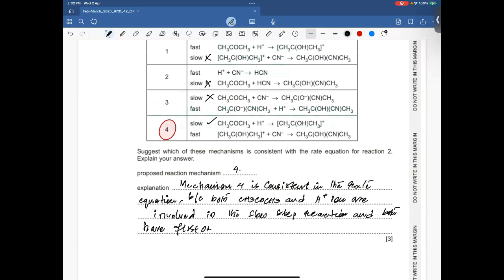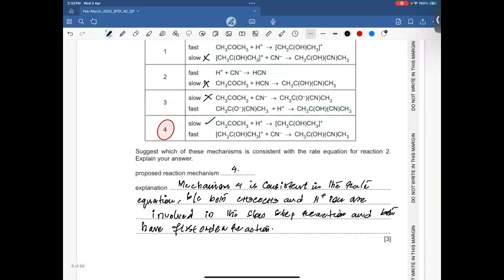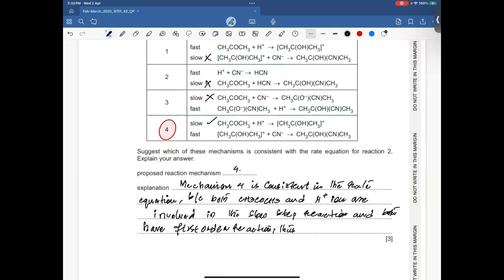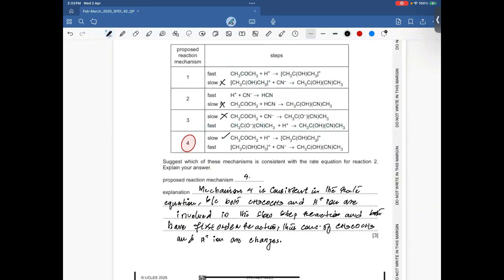Thus, the concentrations of propanone and hydrogen ion change.